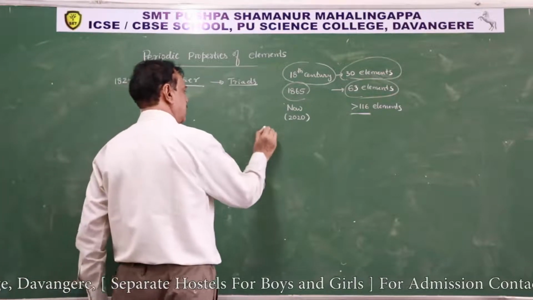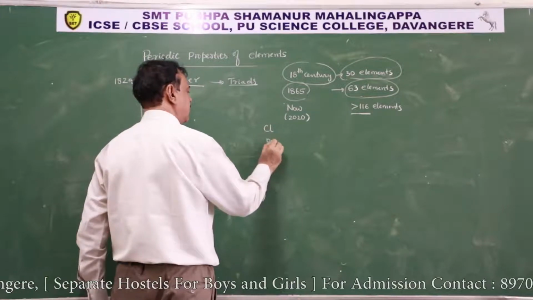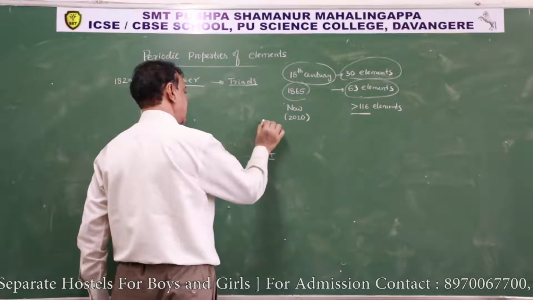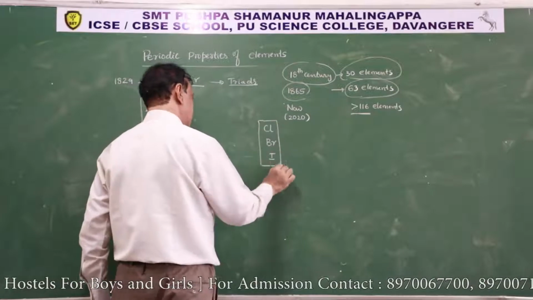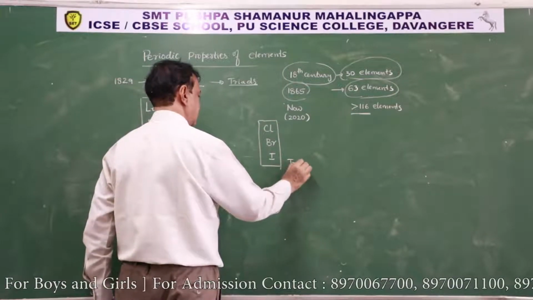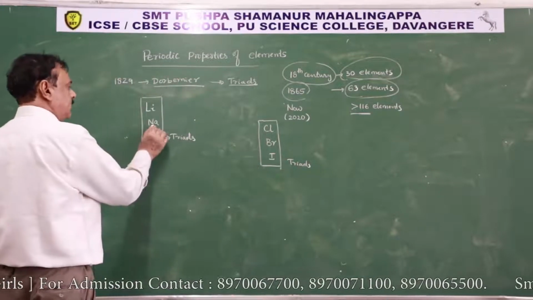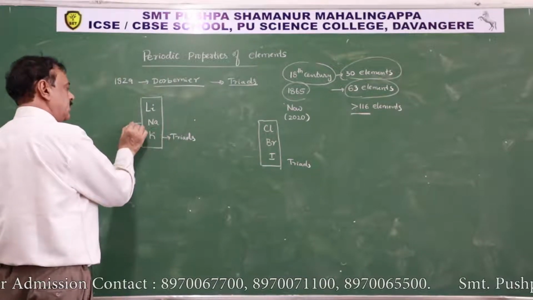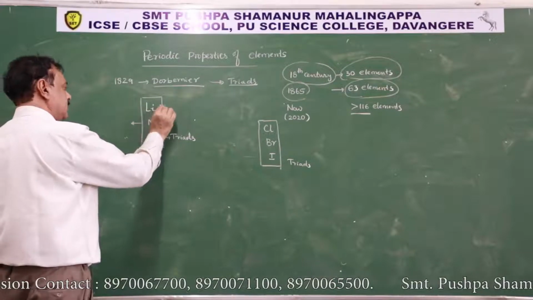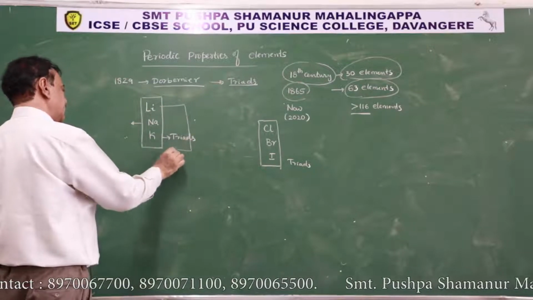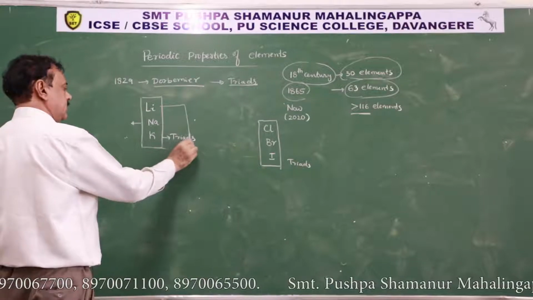And here suppose chlorine, bromine and iodine, these three elements are considered as a triad. For example, the mass of the middle element is the average of the masses of the remaining two elements.